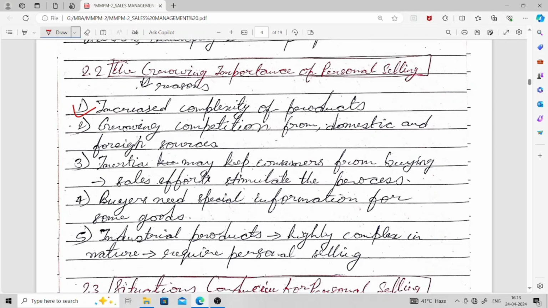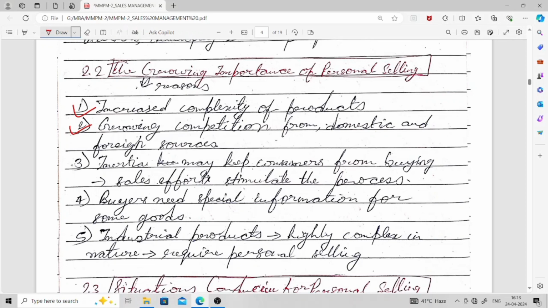Second reason given: growing competition from domestic and foreign sources. There is a lot of competition in the marketplace, so there is a need for personal selling, because personal selling boosts sales volume.